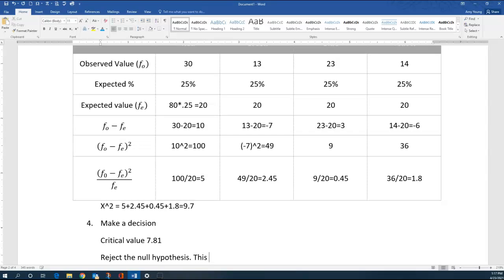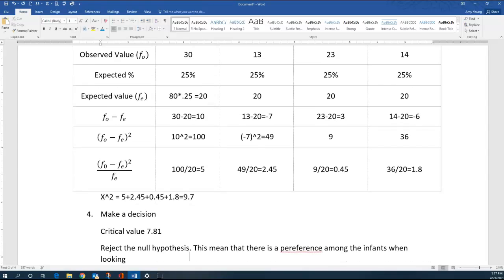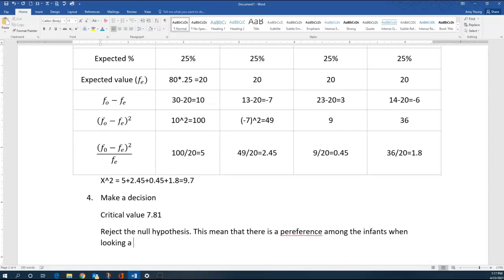This means that there is a preference among the infants when looking at colors, at the 4 colors, because we're looking at just these 4 specific colors.